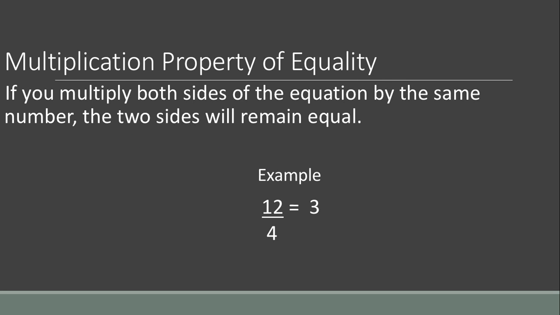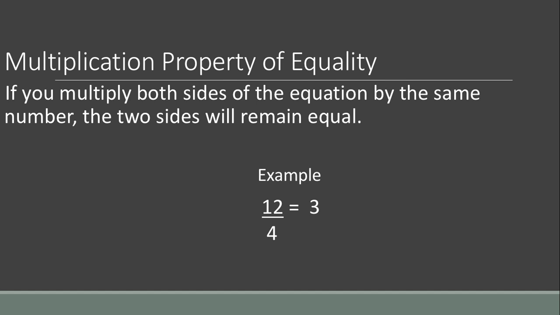Now another property of equality is the multiplication property of equality. So if you multiply both sides of an equation by the same number, the two sides will remain equal. So here we have 12 divided by 4 is equal to 3.